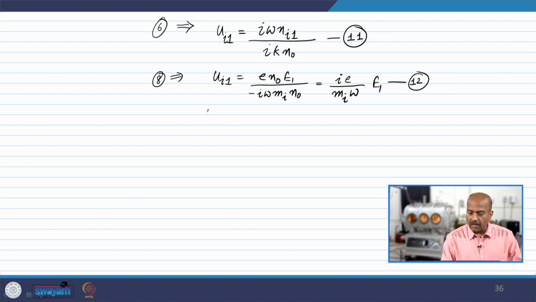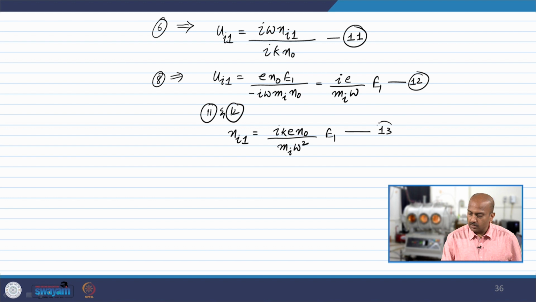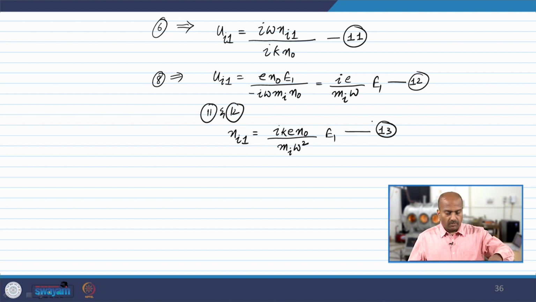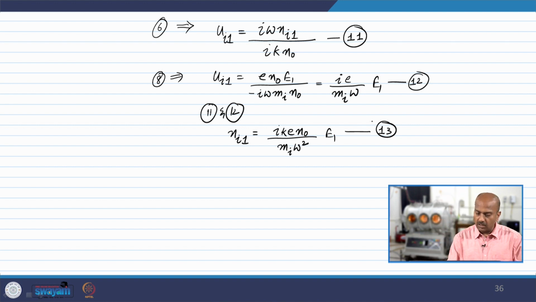So, comparing 11 and 12, we can write n_I1, the perturbed number density of ions, as ik e n_0 E_1 / (m_I ω²). We call this equation number 13. So, we have eliminated variables and have just found out what n_I1 is.